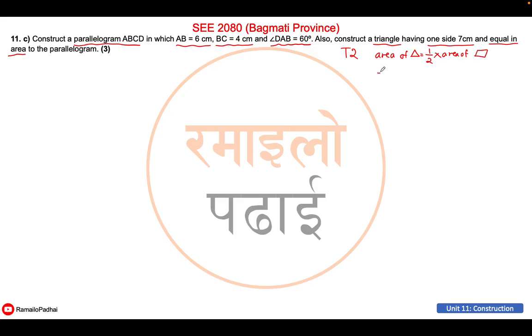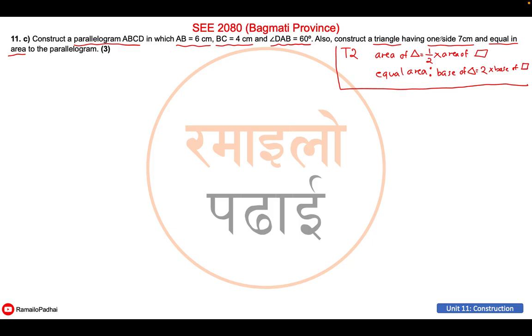And in order to make equal area, the base of the triangle must be double the base of the parallelogram. So this is the concept that we will be using here. If you have forgotten that, I will link the video in the iCard explaining the theorem.